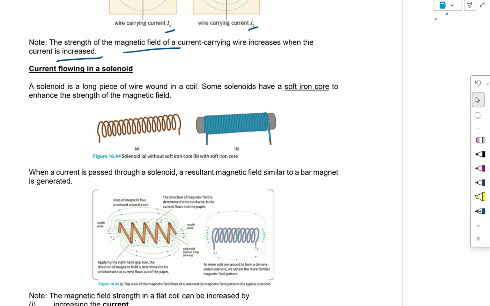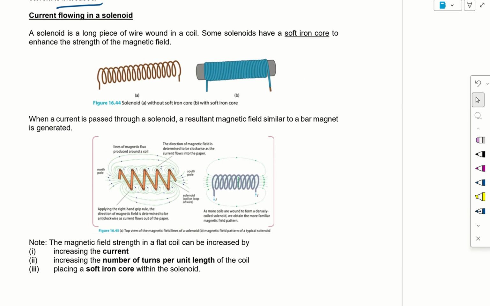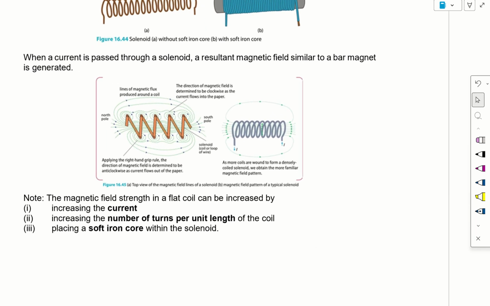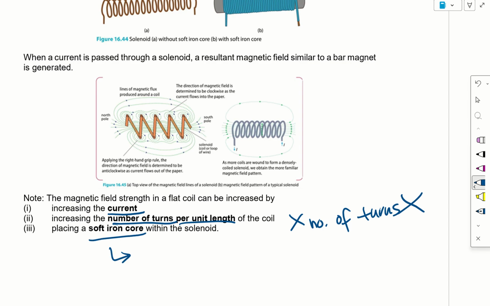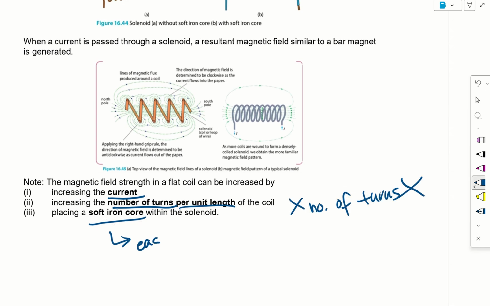So we already learned the right hand grip rule. So how do we increase the strength? It can be increased by increasing the current, or increasing the number of turns per unit length. Do not say increase the number of turns. This is incorrect. Or by placing a soft iron core, because soft iron core is easy to magnetize and demagnetize, right?